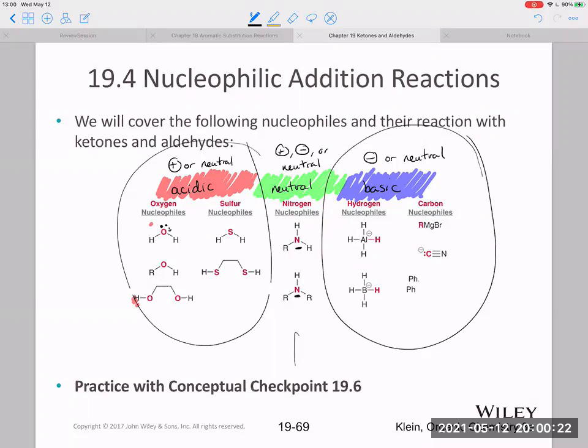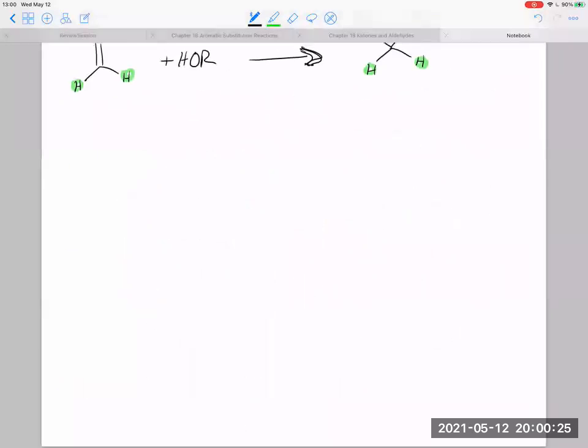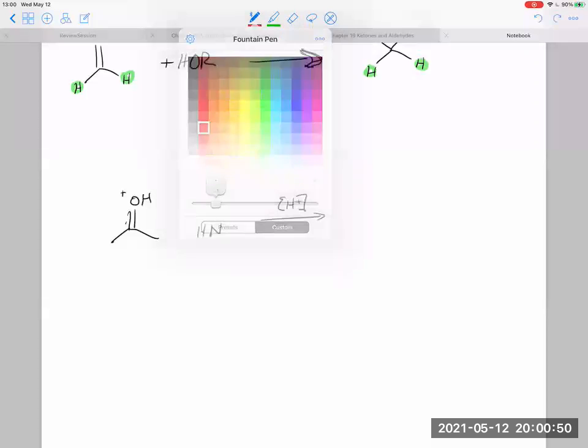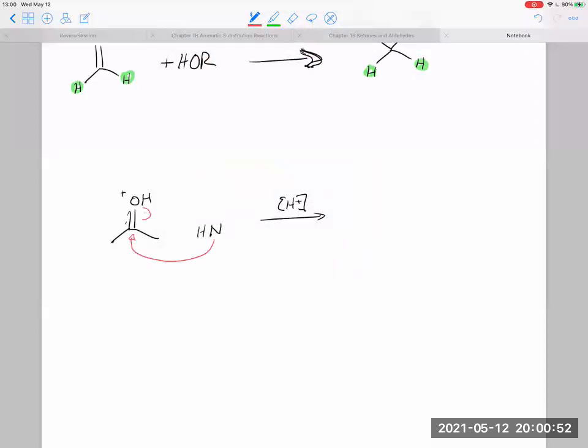90% of this chapter can be summarized as: here's an aldehyde or ketone. If we're in acidic conditions, what happens first? Oxygen gets protonated. So the very first step under acidic conditions is always to protonate that oxygen. Then your nucleophile attacks the carbonyl carbon, which kicks that pair of electrons up.